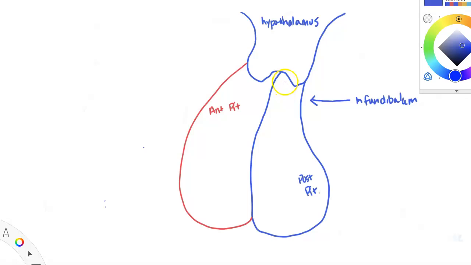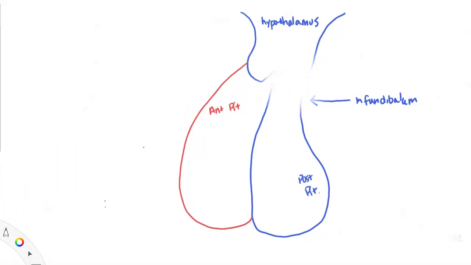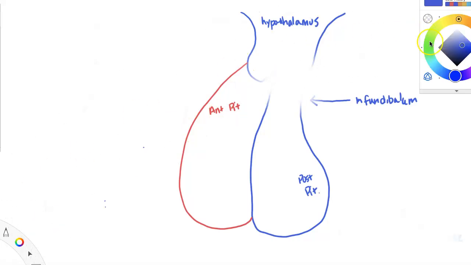Okay, so I did these in two separate colors because posterior pituitary is really an extension of the hypothalamus. It is neural tissue. Just a second, my pen back. Okay. So it's really an extension of that hypothalamus.